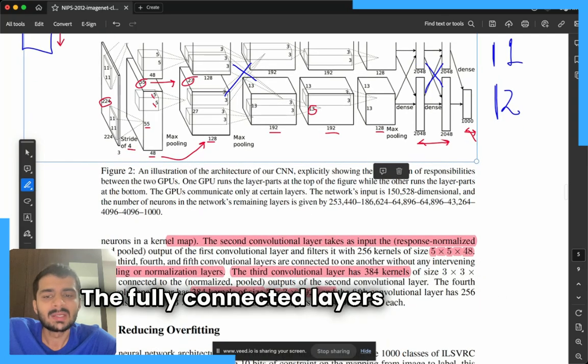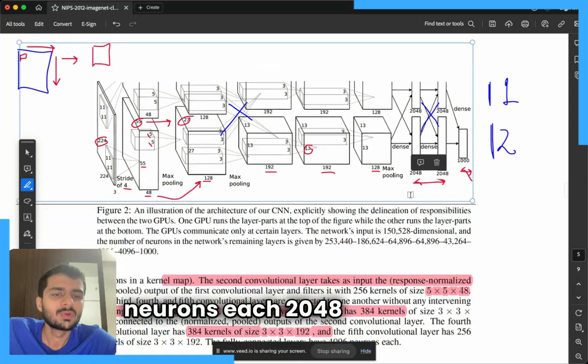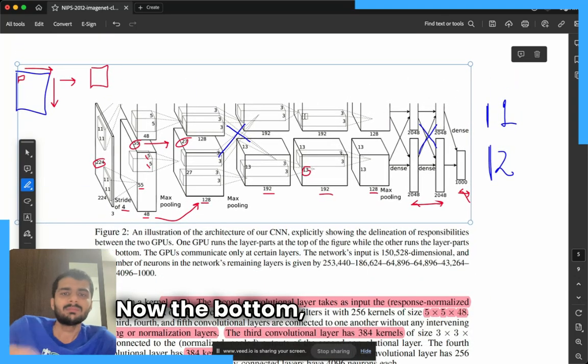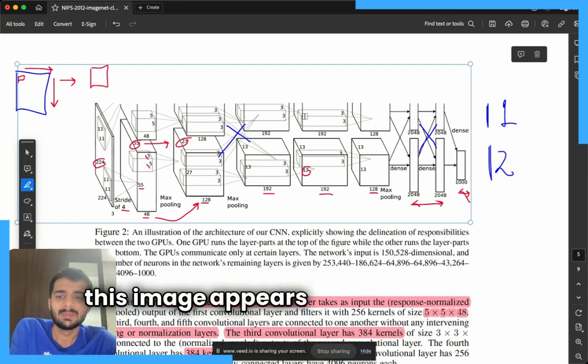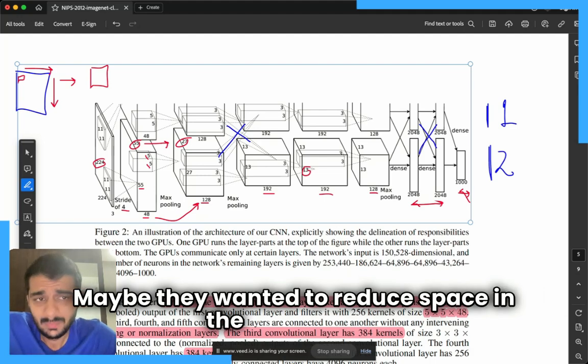The fully connected layers have 4096 neurons each, 2048 plus 2048. Now the top part of this image appears clipped for some reason. Maybe they wanted to reduce space in the overall PDF.